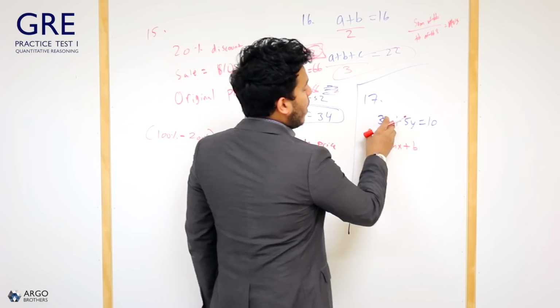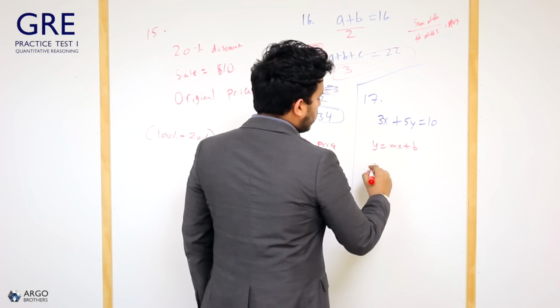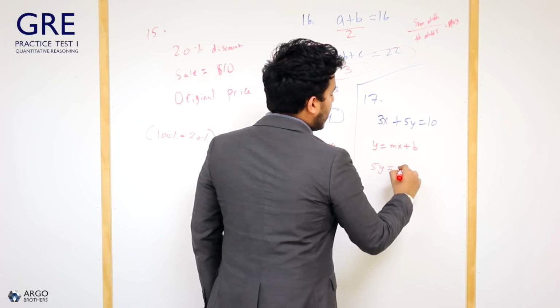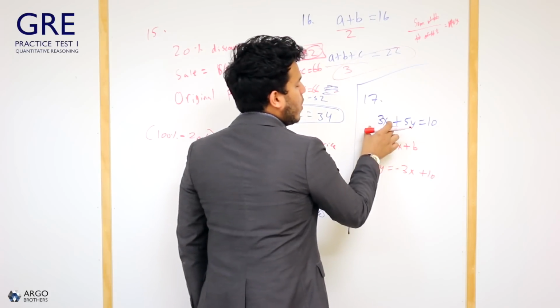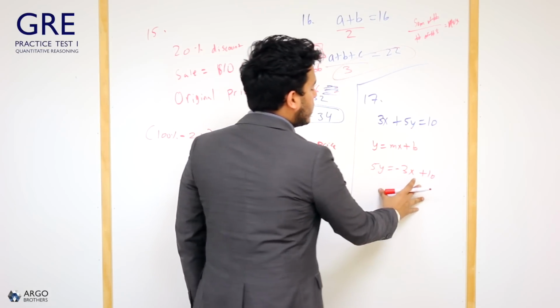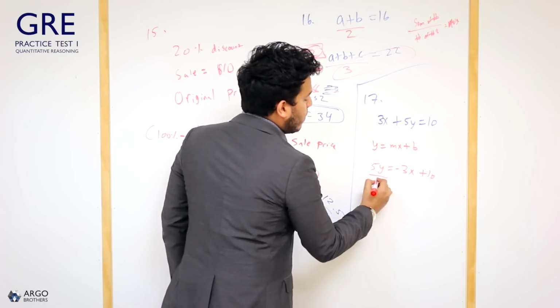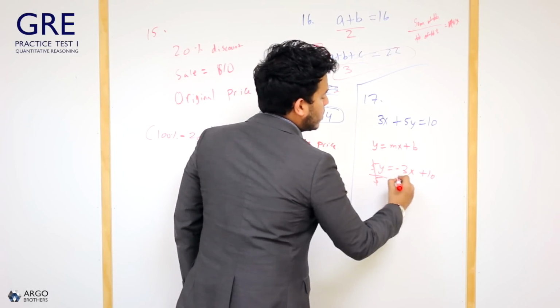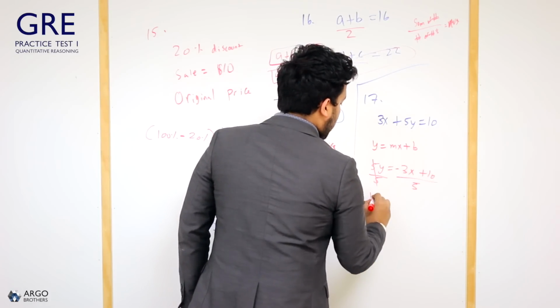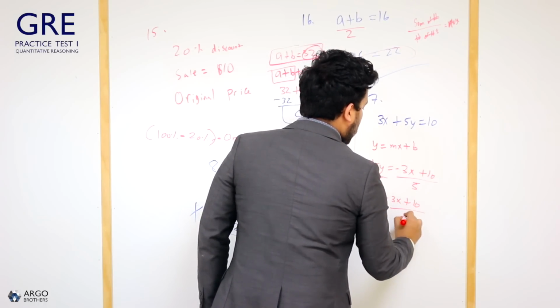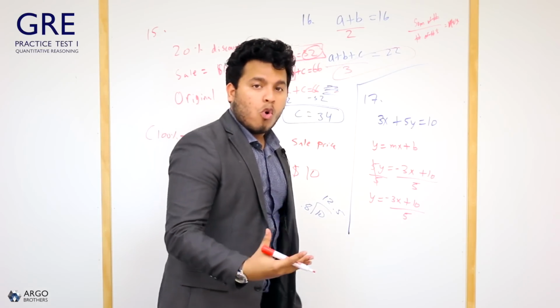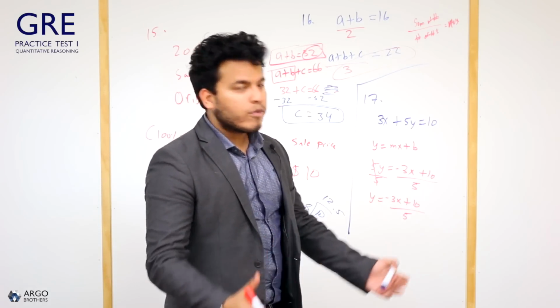So I'm going to move everything to the right side. So it's going to be 5y is equal to minus 3x plus 10. All I did was subtract 3x from both sides. And now I'm going to divide by 5 because I want y by itself. So y is equal to negative 3x plus 10, all over 5. Now you have to know the fraction rules.